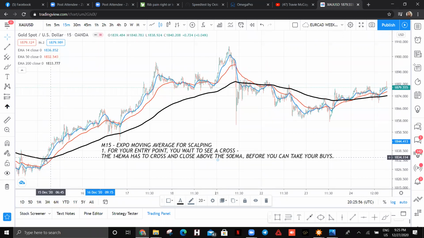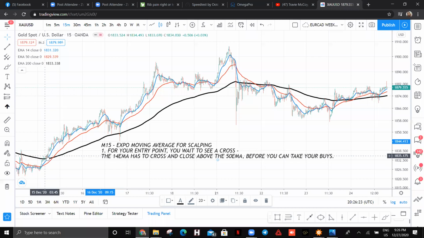Remember, this price is now above our 200 EMA, so what we're looking for is a buy opportunity on this pair. Let me show you an example of what has happened in the past, then we'll predict what's going to happen in the future. I hope you all are following. Now see what happened in the past.